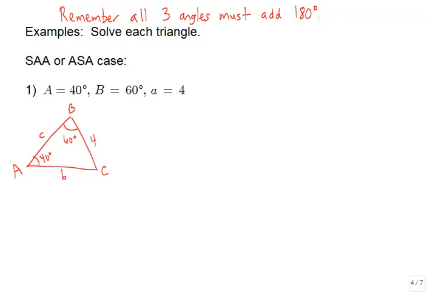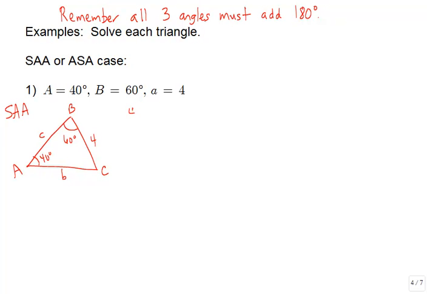So if we look at what we have here, we know 2 angles and one of the sides opposite those angles. So this is an SAA case. Okay? So we know 2 angles and we know the side opposite it. So if you know 2 angles, then you automatically should know what the third angle is, and that's because you want to remember that all 3 angles in a triangle always have to add to 180 degrees.